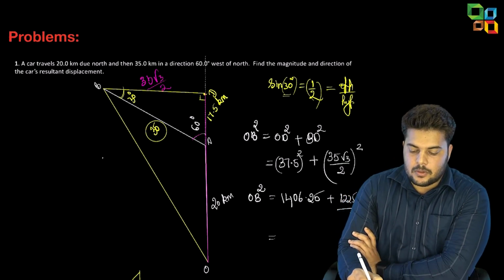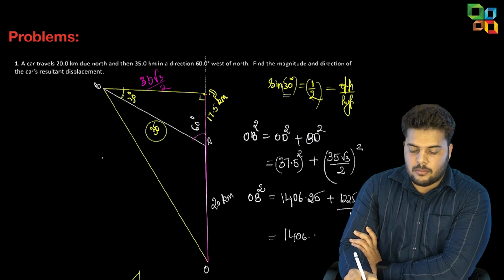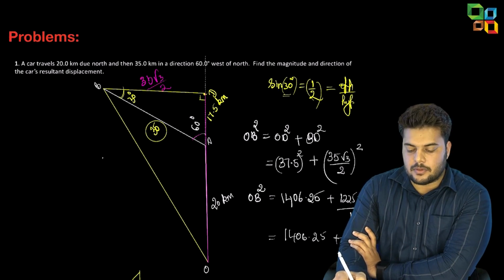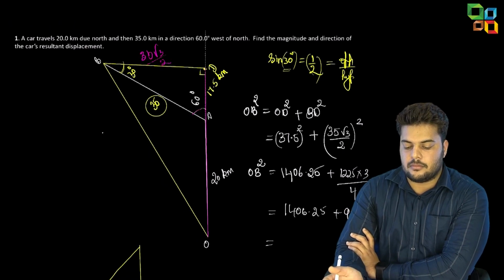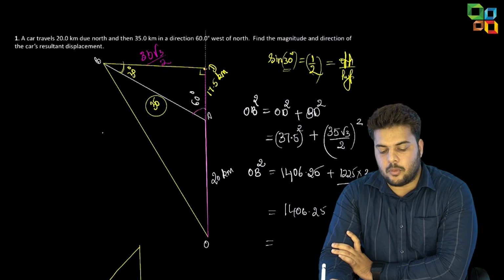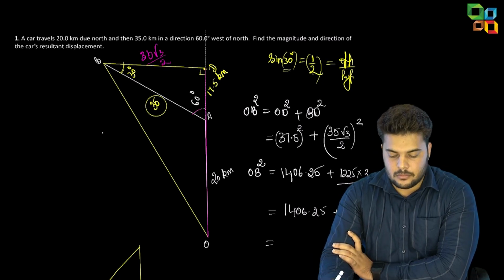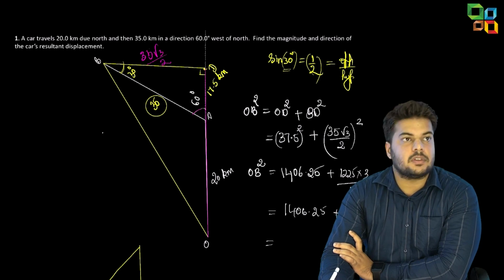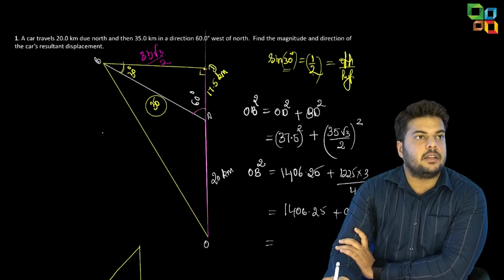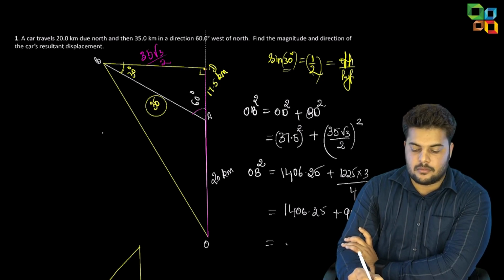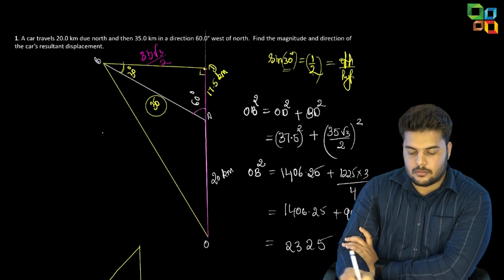So this is 1406.25 plus 918.75. So 0.25 plus 0.75, that is 1. We'll keep that in our mind. 1406 plus 918, I'm going to copy your answer, 2325. Is it? Yes, sir. 2325.